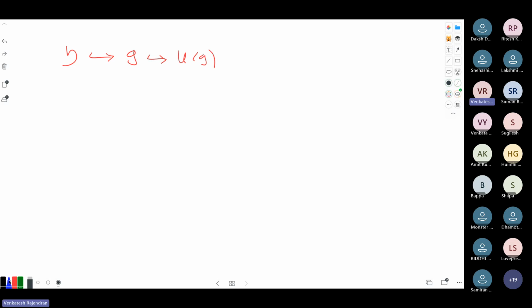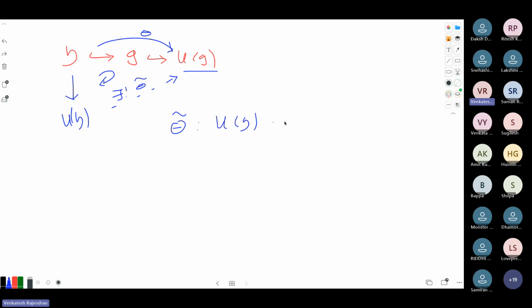Okay. So now if you think about it, UG being a unital associative algebra and UH being the universal enveloping algebra of H, there is a natural extension of this map. Okay, whatever map that you have, the composition. So there is this extension. So let's call this theta. So there is this unique theta tilde, such that this diagram commutes. So you have a map theta tilde from UH to UG.